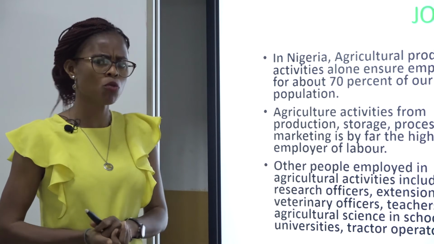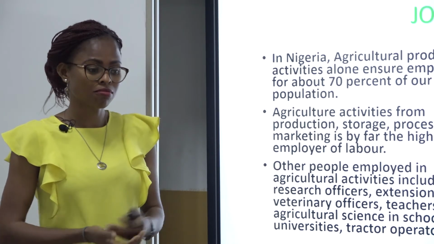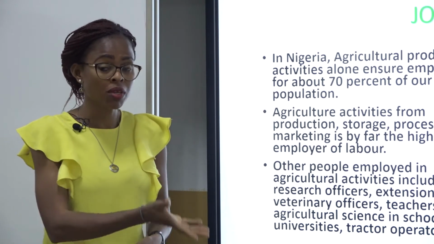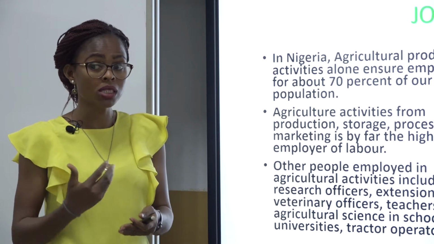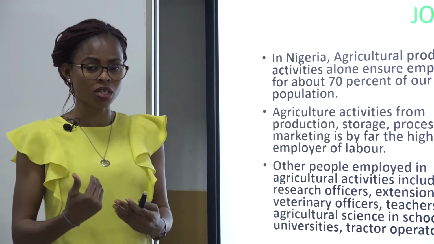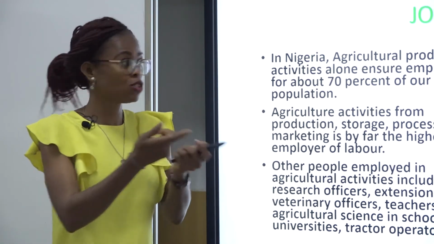What about job employment? How do humans get jobs from agriculture? You have a farmland. You require a laborer to help you weed your farm. What are you giving that laborer? A job. When you give that laborer a job, what does the laborer get in return? Income from the job he or she has done for you.